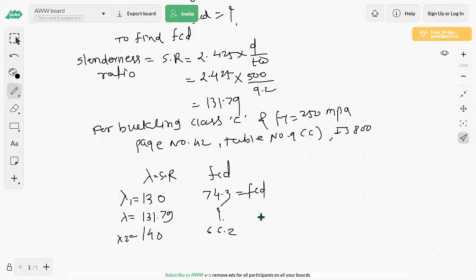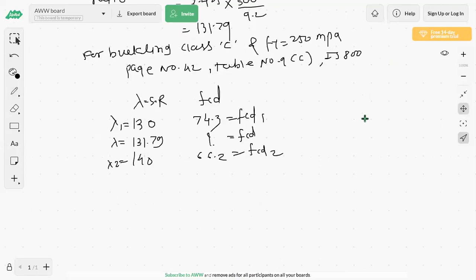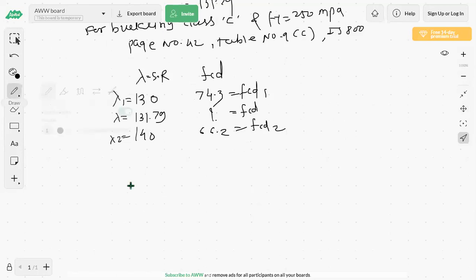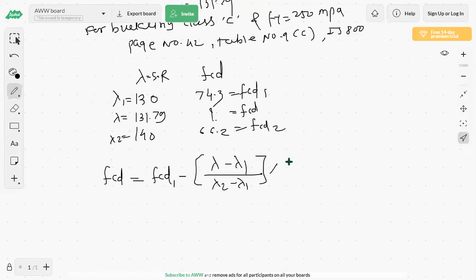Now we have to calculate this value. So this is FCD1, this is FCD2, and this is FCD. It means we have to calculate the FCD value by interpolation. So use the interpolation formula: FCD is equal to FCD1 minus (lambda minus lambda 1) divided by (lambda 2 minus lambda 1) into (FCD1 minus FCD2).